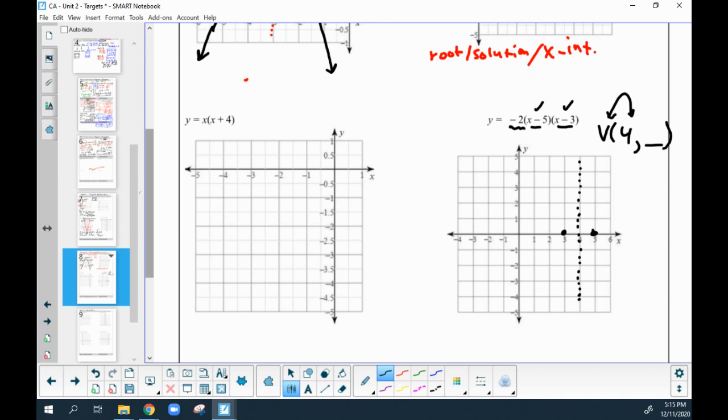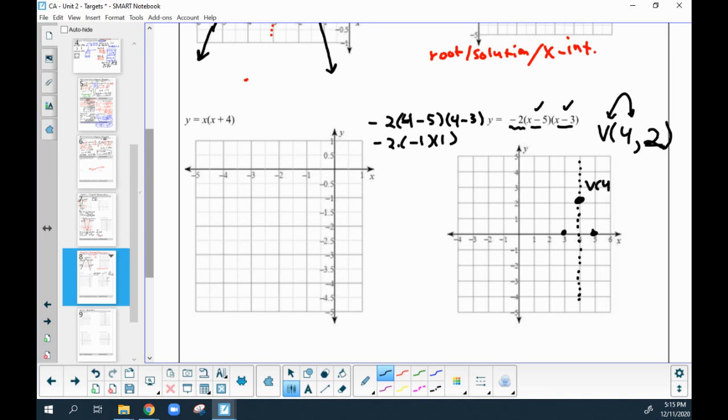So now all you need to do is substitute it into the problem and work that out. Negative 2 times negative 1 times positive 1. That means we have a positive 2, it looks like. So 4 comma 2: over 4, up 2.